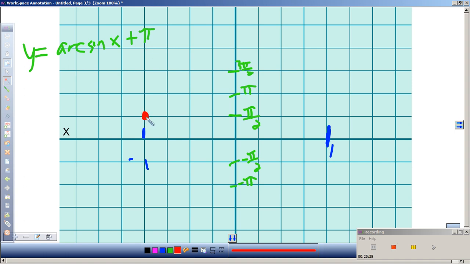So I know that this point right here is here. If I did 1, what's the arc sine of 1? Pi half. Pi half plus pi is 3 pi half. So I plugged in 1. Arc sine of 1 is pi half plus the pi here.